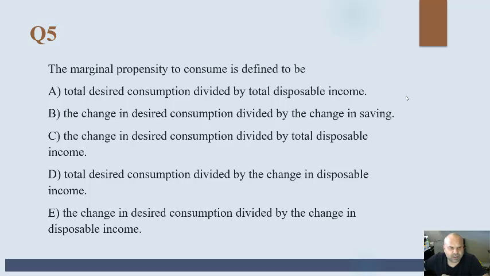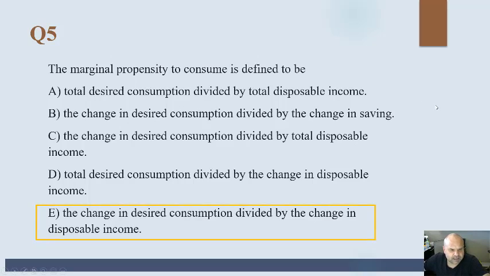Next question. The marginal propensity to consume is defined as, which one of the following is correct? Hit pause. Okay, well, we know that the marginal propensity to consume is how much we consume out of our income. And it's a certain fraction that's usually less than 1, because we either save the rest, or if we were thinking more generally of the marginal propensity to expend, we would be importing or also giving some of our money to the government in the form of taxes.